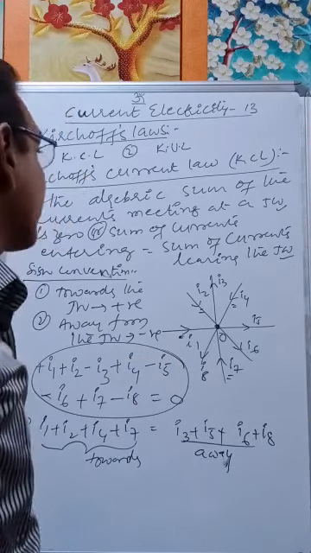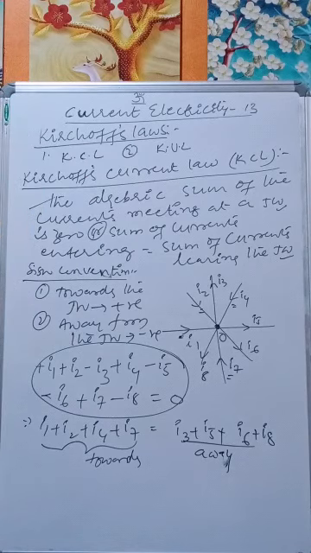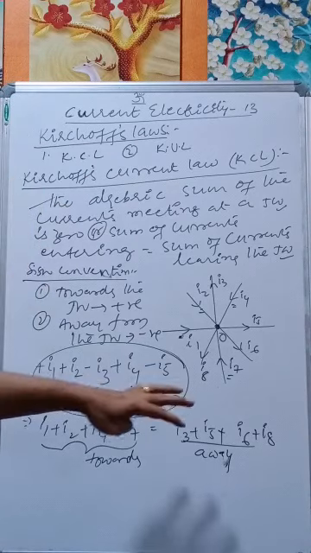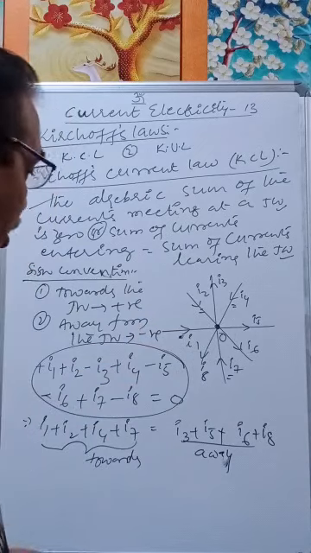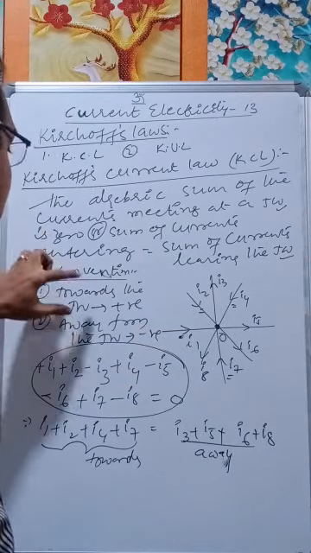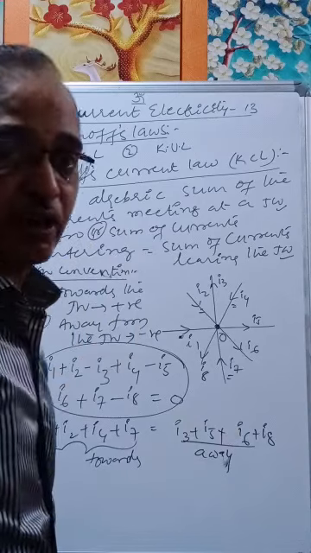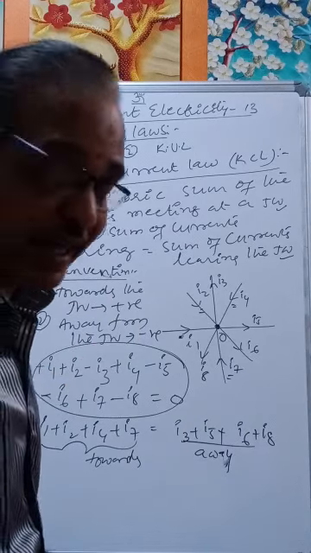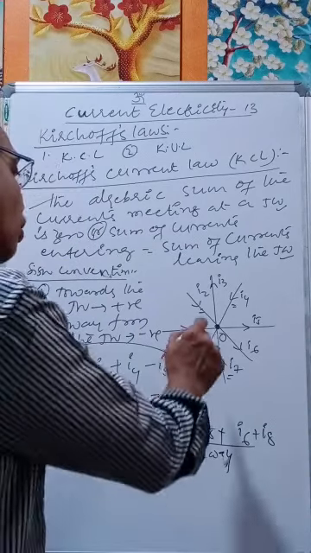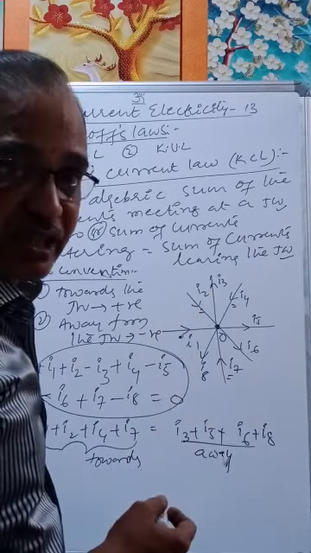Or algebraic sum of the currents meeting at a junction is 0. So, taking like this, we consider that the total current in a junction is 0. And the sign convention to be followed is: currents towards the junction are taken as positive, away from the junction are taken as negative. Now, what is the principle behind this current law?